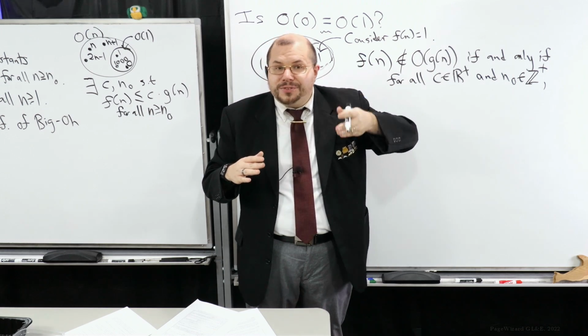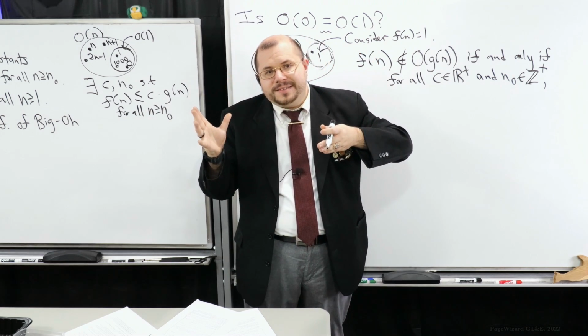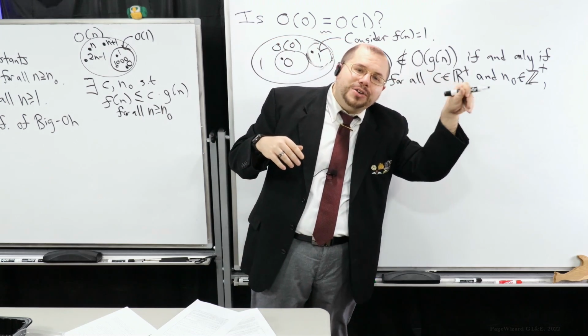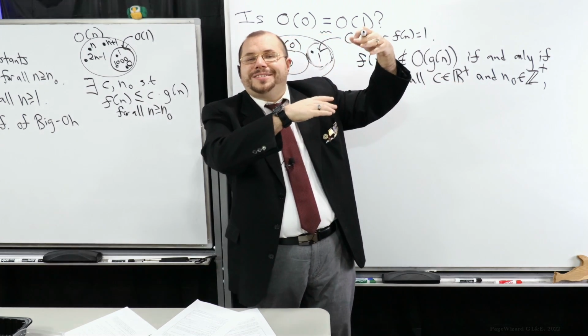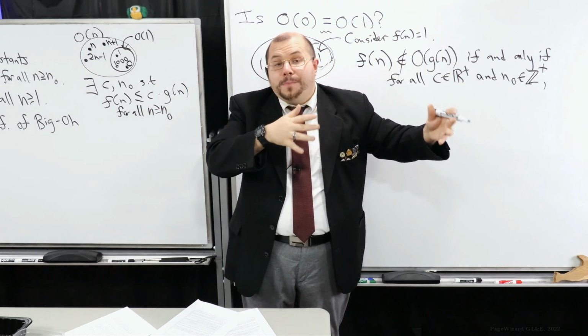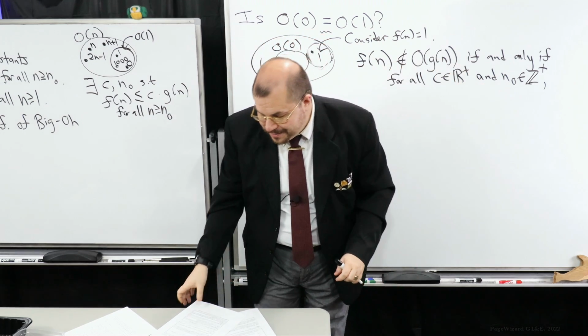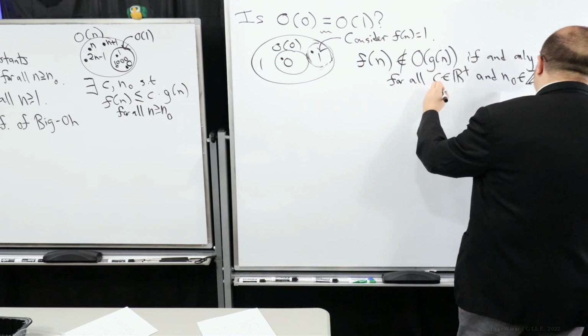So all I have to do is show that if you give me that n0 and that constant c, I can find a value of n after that, where that domination doesn't happen anymore, where the one function no longer dominates. Any one point will suffice. So the game plan's a little different here, just a little.